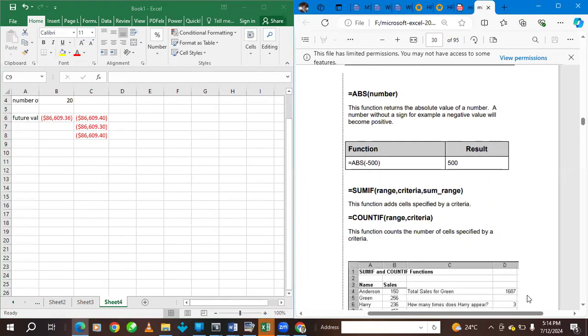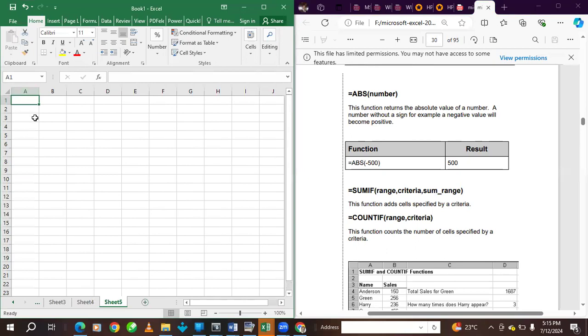We have the absolute. This function returns the absolute value of a number, a number without a sign. For example, a negative value becomes positive. So negative values mostly become positive. In that case, assume you have this kind of values here.